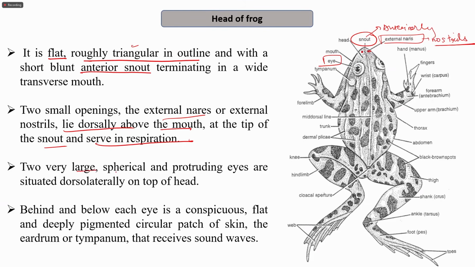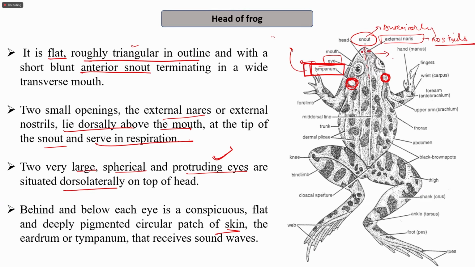Two very large spherical and protruding eyes are situated dorsolaterally, on the lateral sides of the head, present on the top of the head. Behind and below each eye is a conspicuous, flat and deeply pigmented circular patch of skin, which is known as the tympanum or the eardrum.